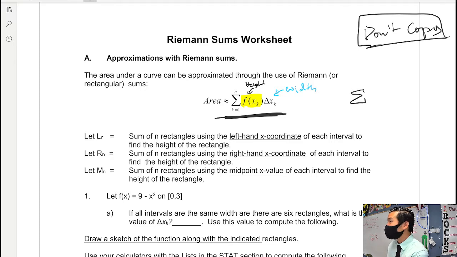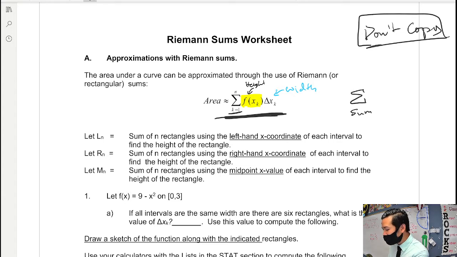By the way, the Greek name of it is sigma. Sigma, or S for sum. Sum means you're adding up a bunch of the same things, but with different values for each one. When we were doing it the other way, the heights were changing every single time, and then we would just sum them all up. Does that make sense? So that's what this is.